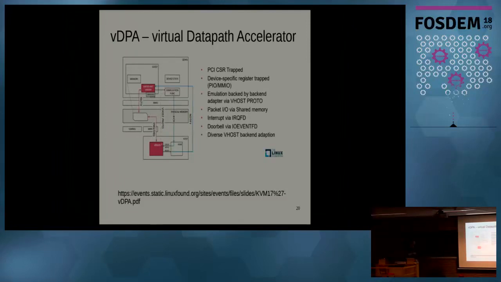Now, this picture, which is probably not easy to read, shows how it looks without an accelerator device. Intel is now working on a framework to make it easier to use a Virtio accelerator device.